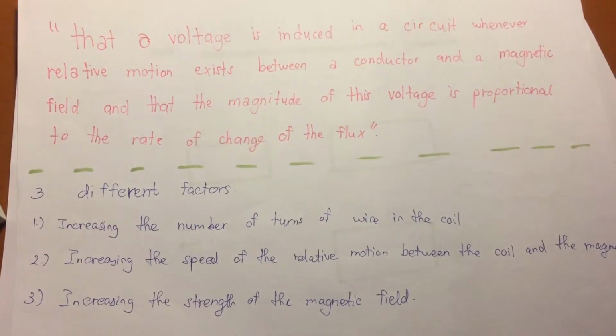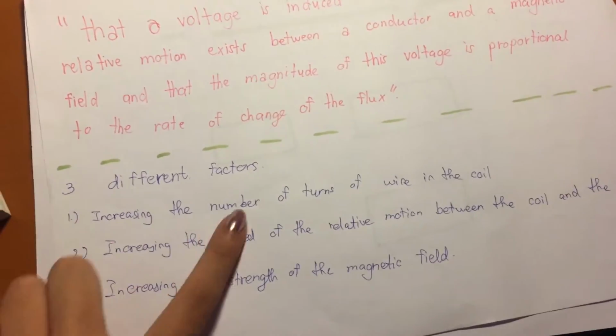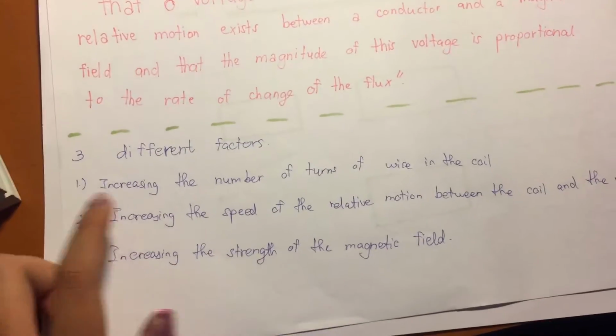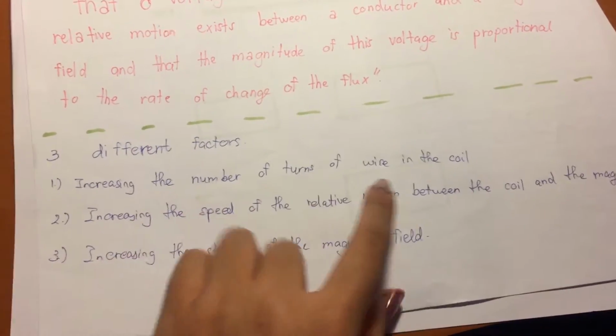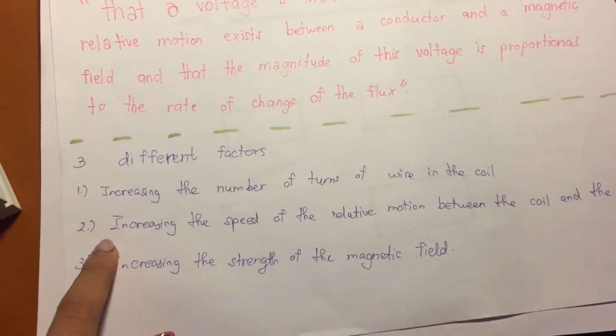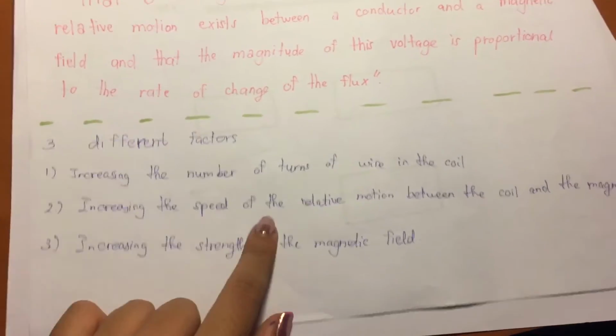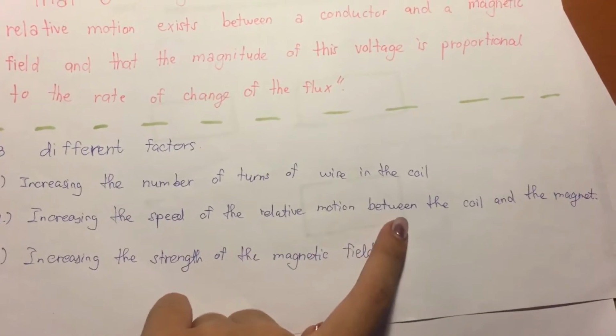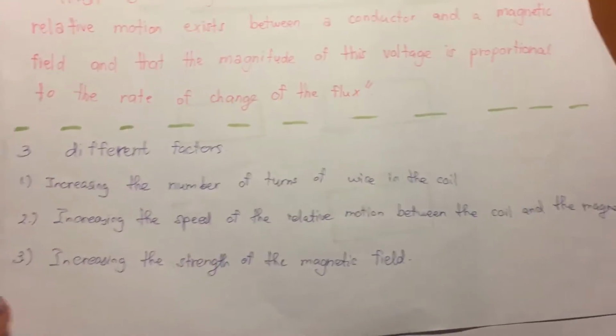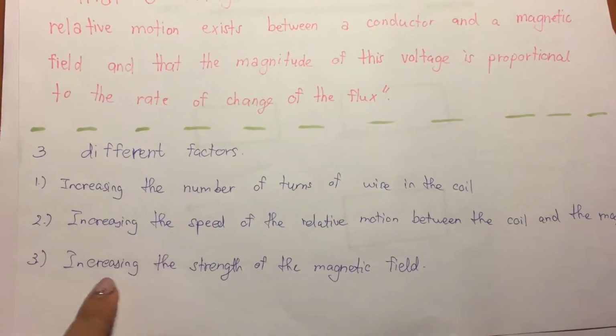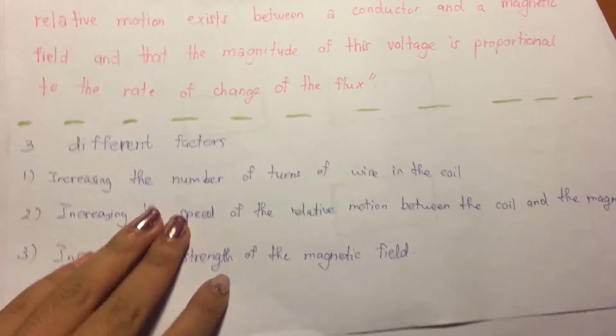This is determined by the following three different factors. The first one is increasing the number of turns of wire in the coil. The second one is increasing the speed of the relative motion between the coil and the magnet. The third one is increasing the strength of the magnetic field.